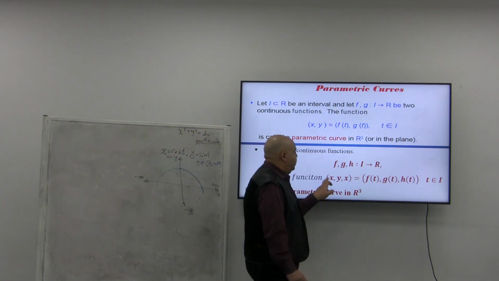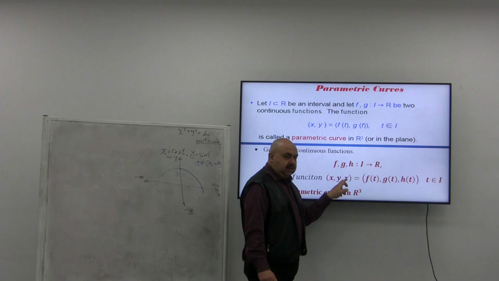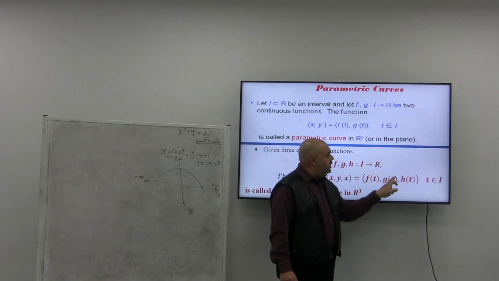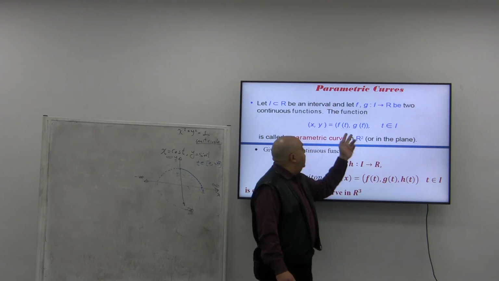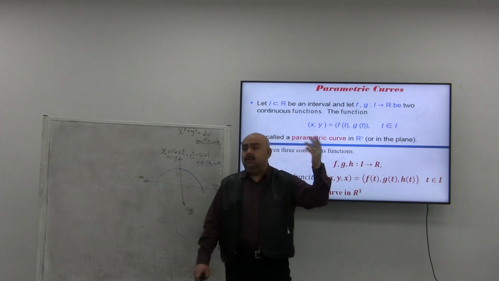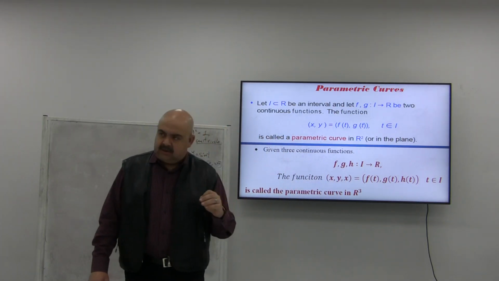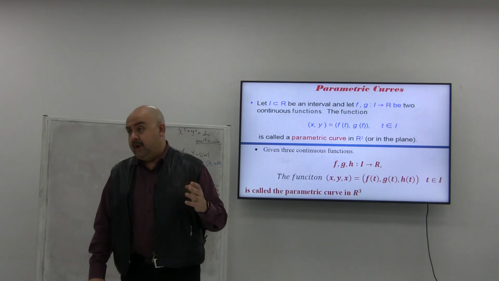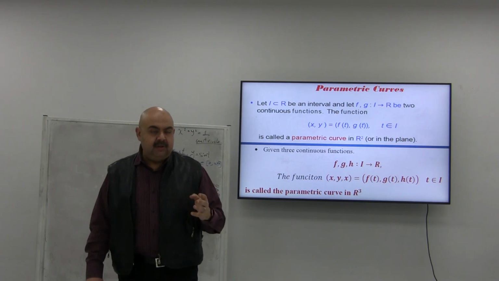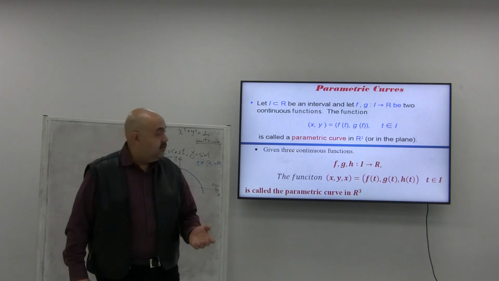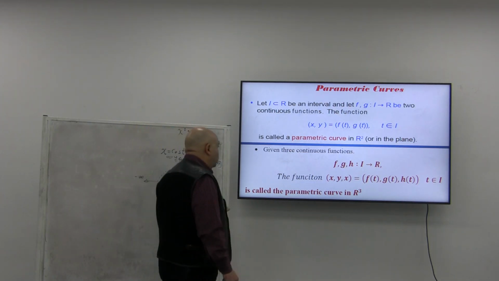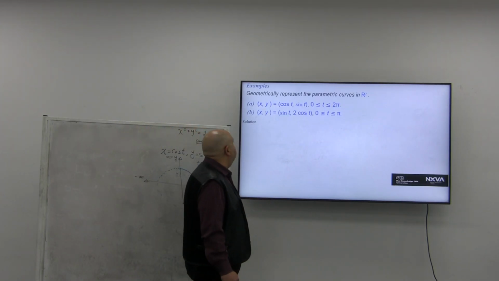The function is x, y, and z, which is going to be f of t, g of t, h of t. So instead of dealing with just two functions, I will add another function, and this will reduce in a huge way the number of variables that you will be working with. This is the main, or so-called, parametric curve in R3.